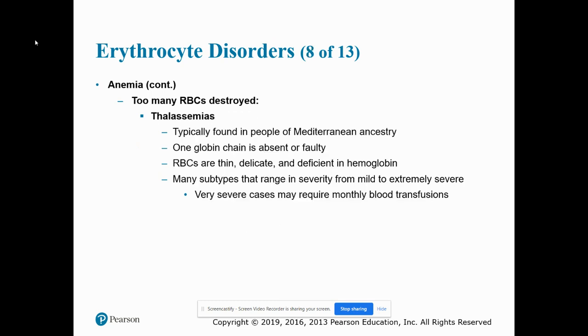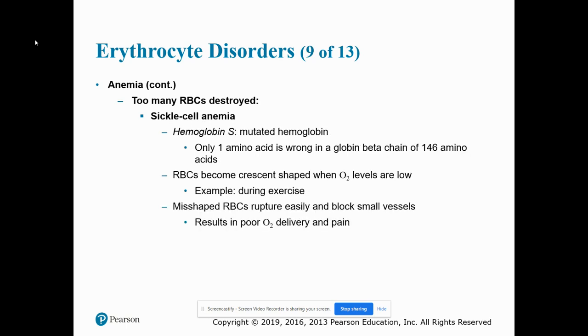Thalassemias are typically found in people of Mediterranean ancestry. One globin chain is absent or faulty. The resulting red blood cells are thin, delicate, and deficient in hemoglobin. There are a number of subtypes that range in severity from mild to extreme, and the severe cases actually require monthly blood transfusions.